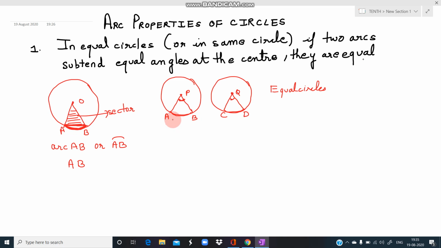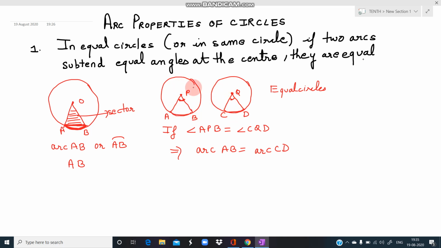According to the question, if it is given that there are two equal circles and we have taken two arcs, ये दो arcs ऐसे हैं such that angle APB is equal to angle CQD. अगर दो arcs center पे same angle subtend करते हैं then this implies that the arcs are also equal. So if two arcs subtend equal angles at the center, then these arcs will be equal.